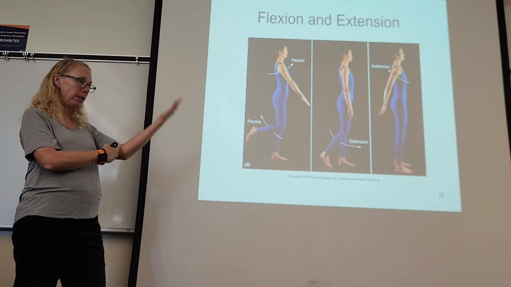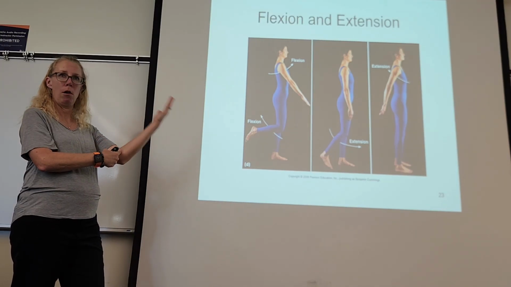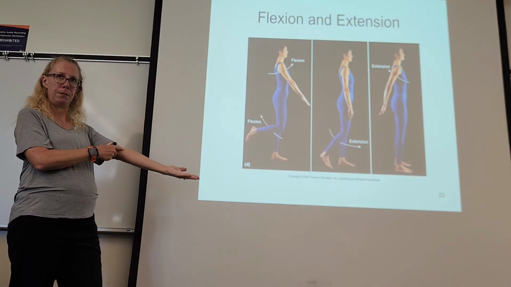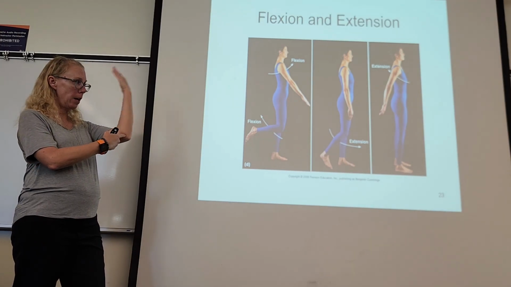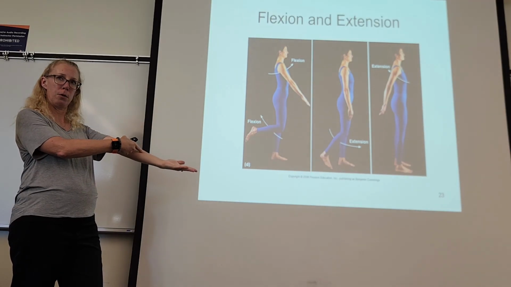So you can say, I'm flexing my elbow, or I'm flexing my forearm, because that's what you're doing. I could say, I'm extending my elbow, or I'm extending my forearm, because that's the part of the body that's moving.